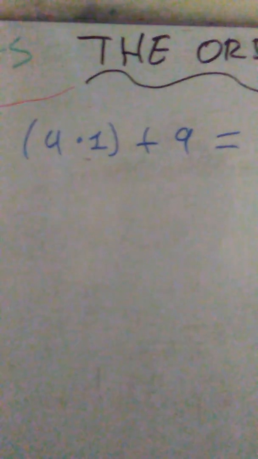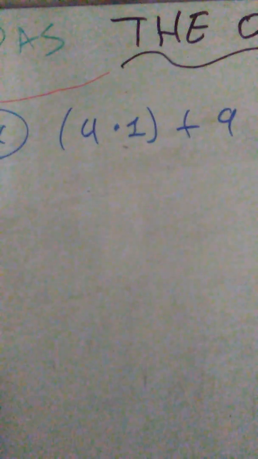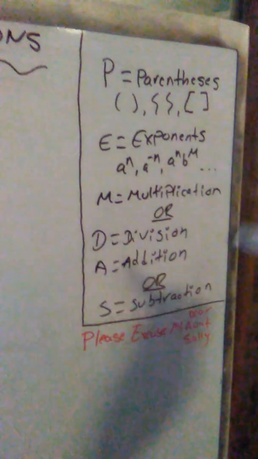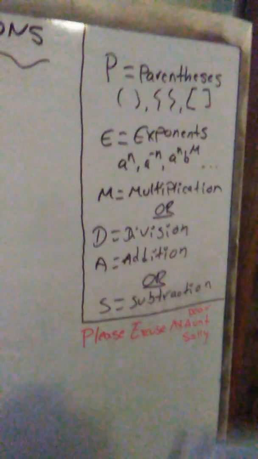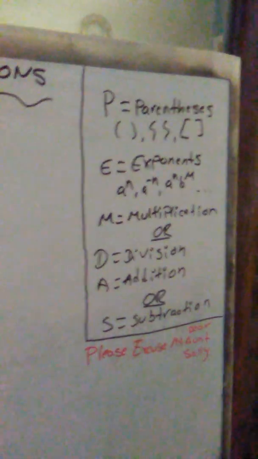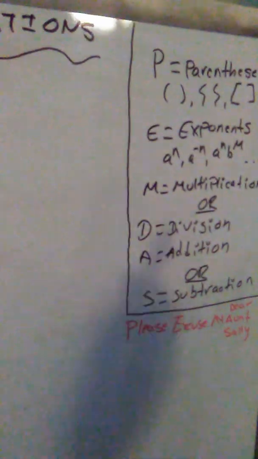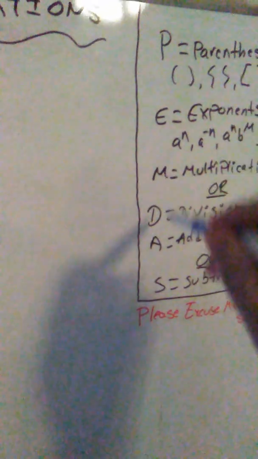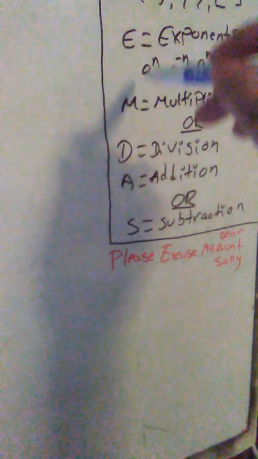Alright, so with our first example, the quantity of 4 multiplied by 1, plus 9, when we look at the order of operations, this is, just like the name implies, the order of mathematical operations. Most of the time it goes from top to bottom, 1, 2, 3, 4, 5, 6.